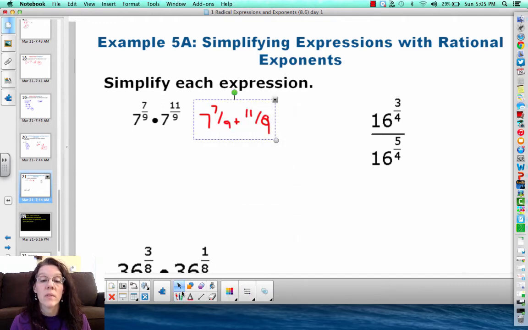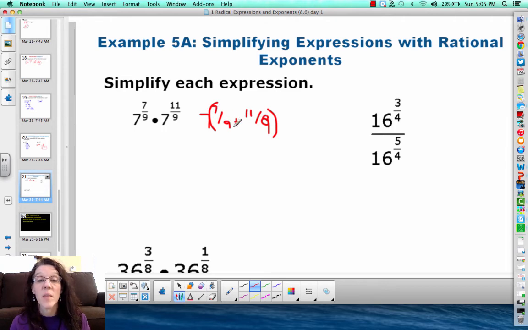All right, so let's go back and grab our pen. Okay, so we have 7 to the 7 ninths plus 11 ninths. Now that may look a little misleading. That 7 ninths plus 11 ninths is all the power there. I have the same denominator, so I can just add those. So that becomes 7 plus 11, which is 18.